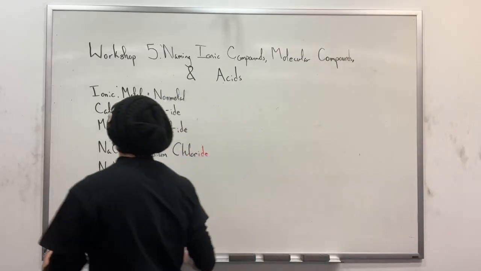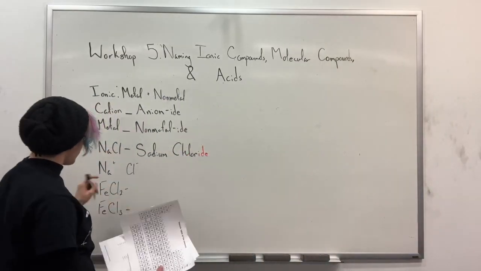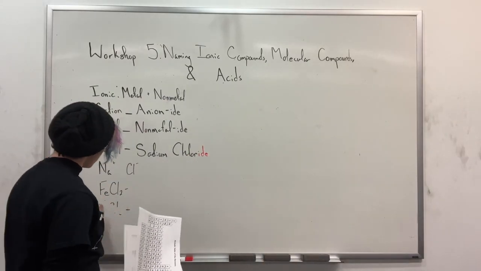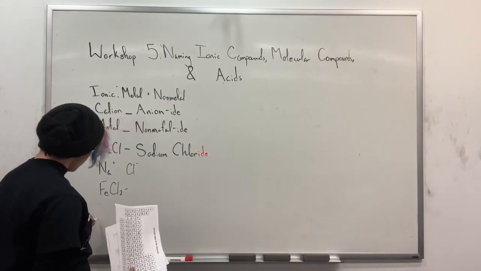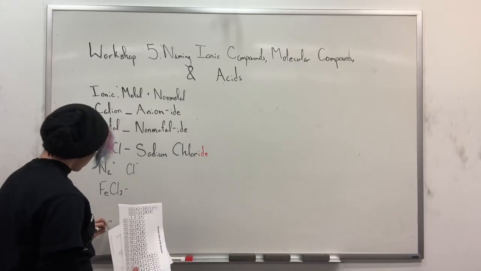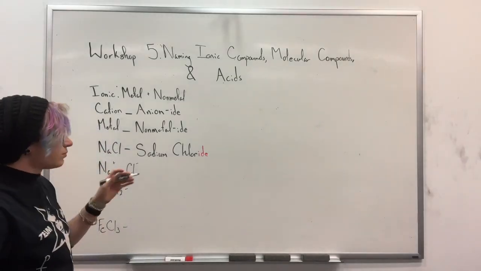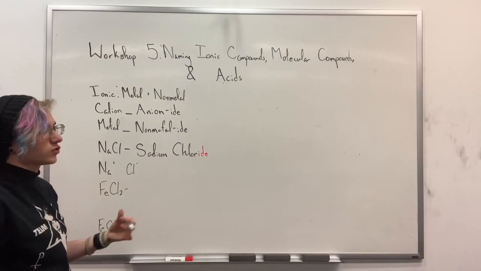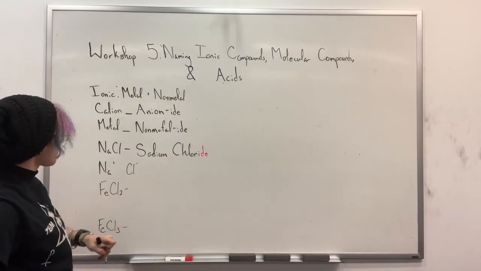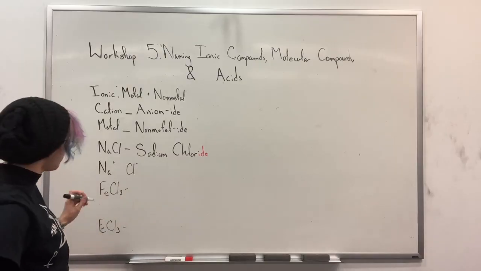Chlorine has a relatively constant charge of -1. Chlorine is more or less always going to be -1. There are rare circumstances where it won't be, but for our purposes right now, chlorine has a -1 charge.